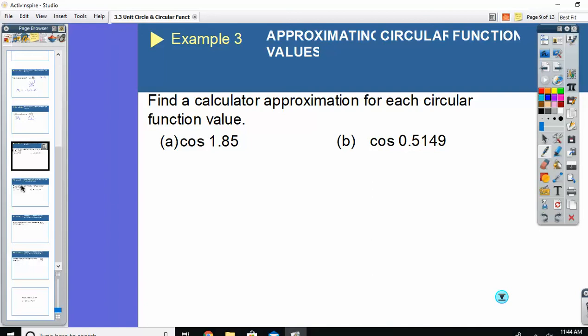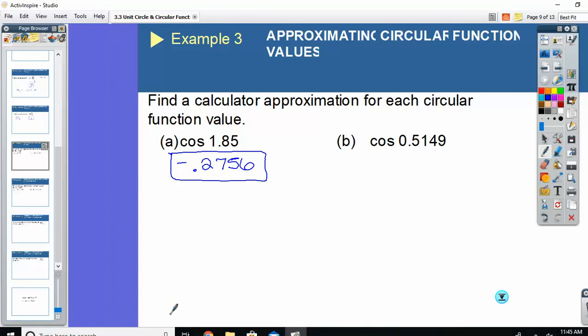So check your mode, put it in radian mode. And then cosine 1.85 is negative 0.2756. You can only use the calculator on ones where it's not something that I expect you know off the circle.